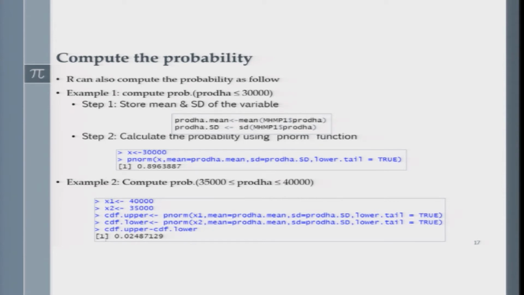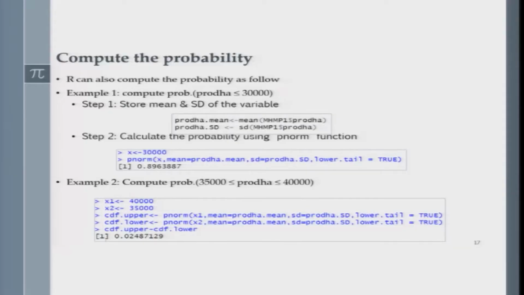I expect you remember what we mean by CDF from the course. We have made use of this big capital phi when we were computing normal probabilities from the standard normal table. So that CDF is basically the standard normal CDF. And then finally you see you get a value of 0.0248.